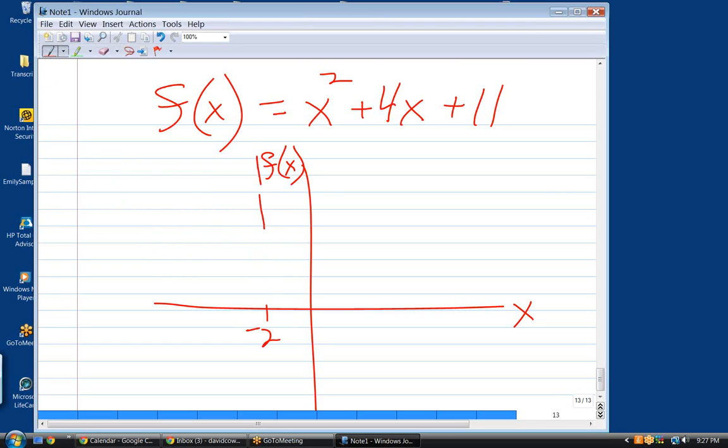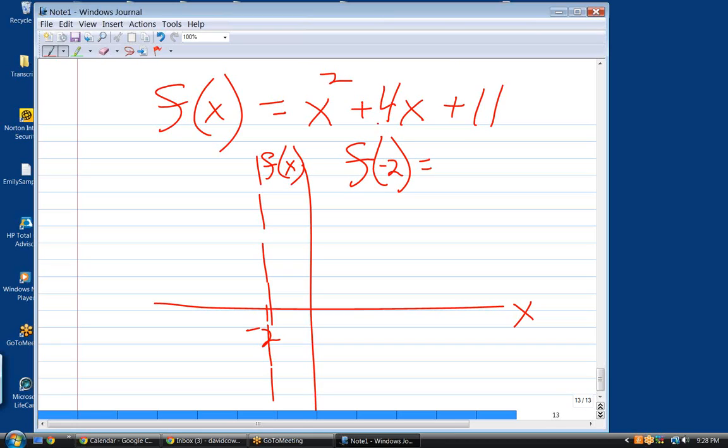We'll draw a dotted line to represent the line of symmetry. We know our parabola is somewhere on there, but we still don't know where the minimum value is. We're looking for f of x when x is negative 2. What is f of negative 2? That's going to give me the y-coordinate of the vertex.